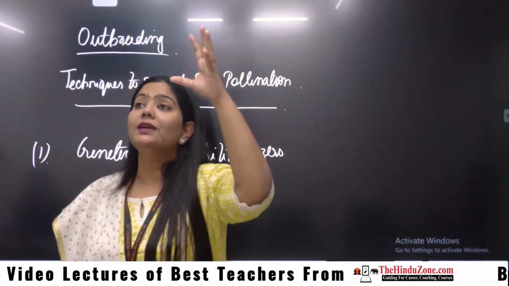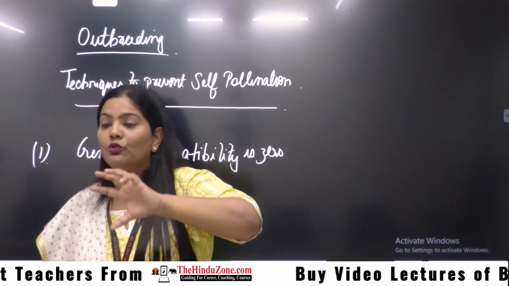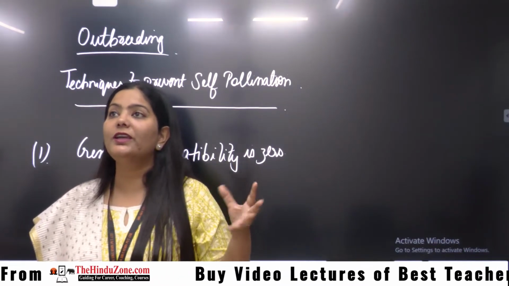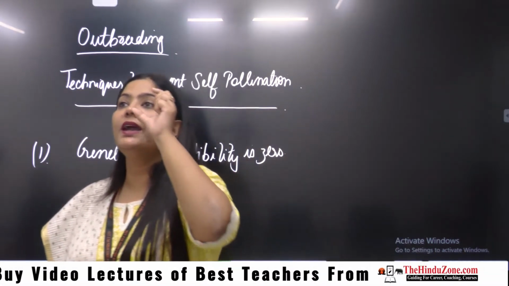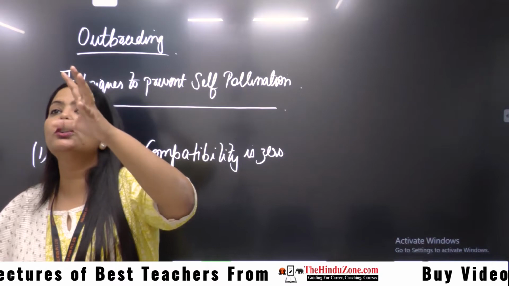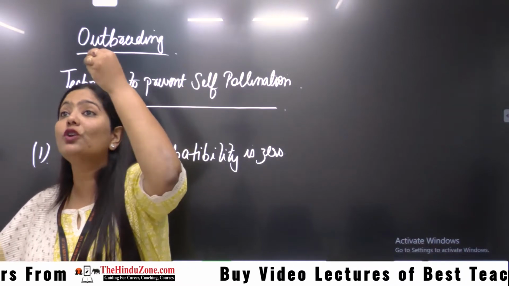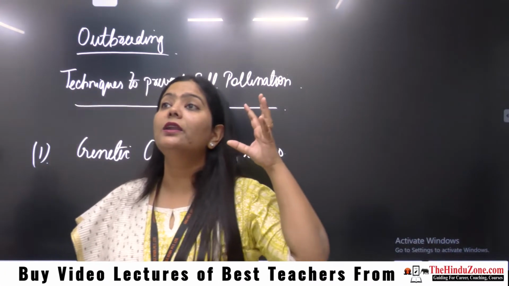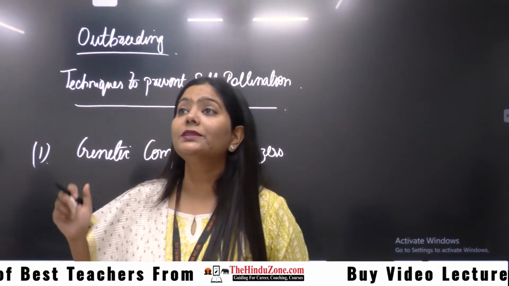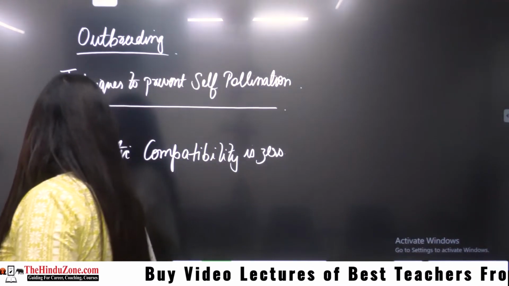Anther should mature and stigma should become receptive at the same time. तभी तो, even if they are in the same flower, the pollen will land on the stigma and the stigma which was receptive will receive it. So if they are not maturing at the same time, then also self pollination can be avoided. समझ में आ रहा है? Yes, ma'am.